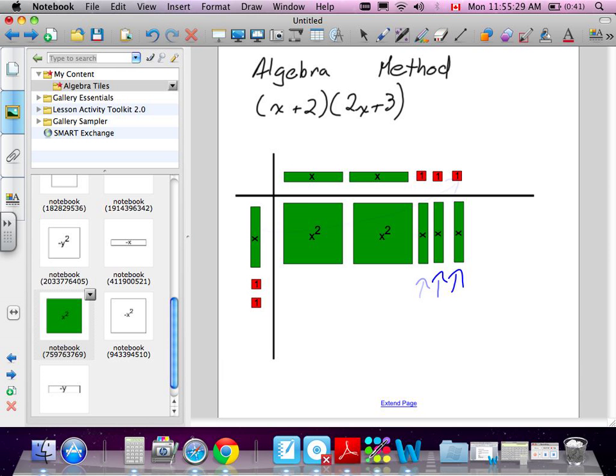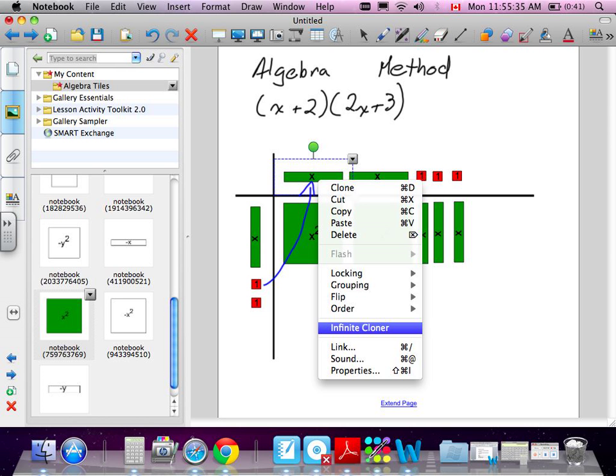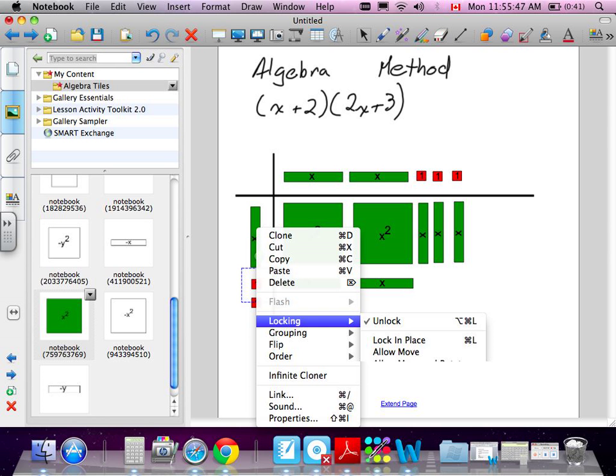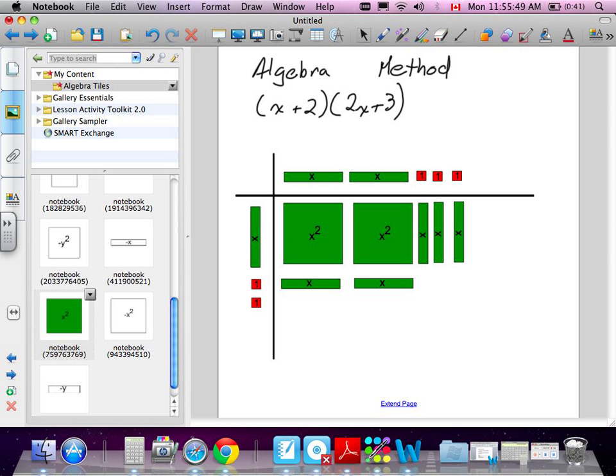So 1 times x is going to give us x, just like we had before. 1 times x is going to give us x again. 1 times 1, what will that give us? Just 1. So I multiply 1 times 1 three times. I end up with 3 ones.